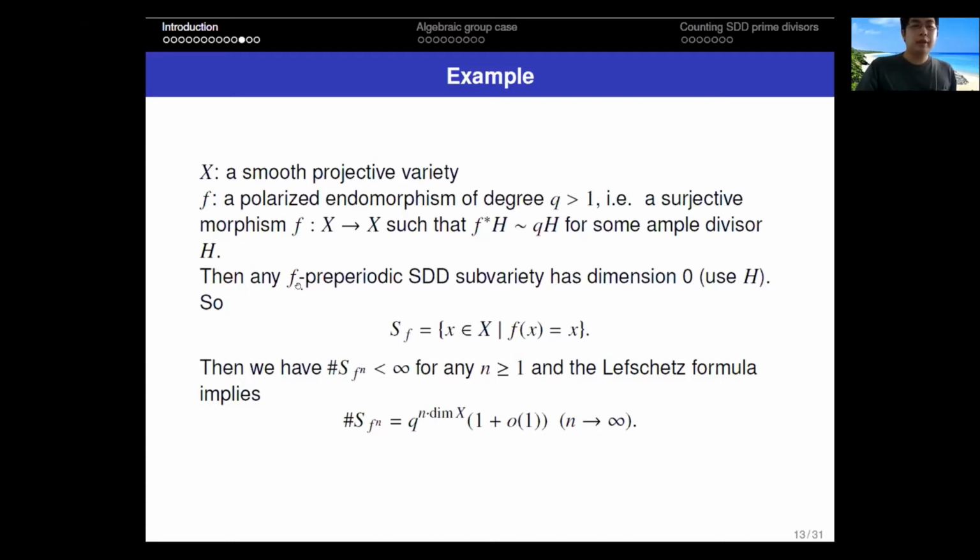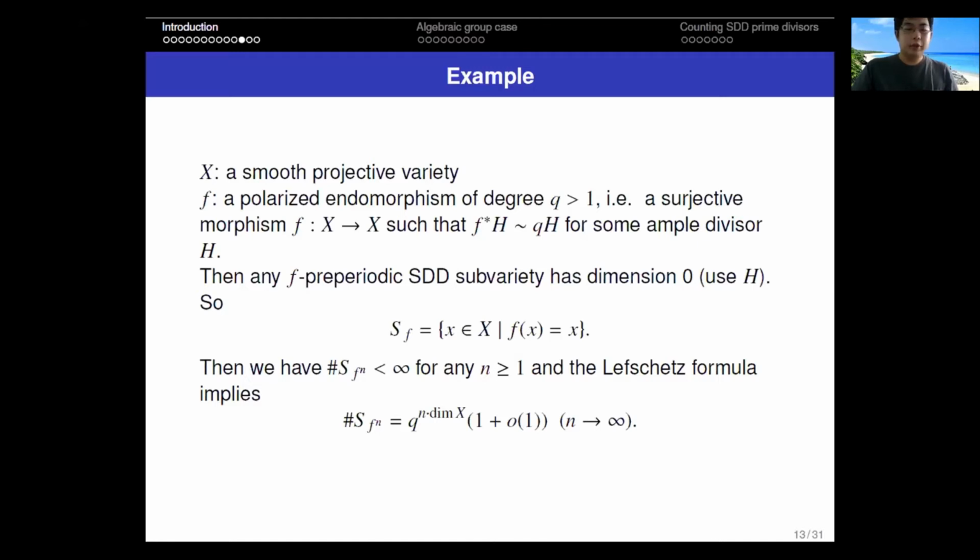And then any f pre-periodic SDD subvariety has dimension 0. We can see this by using H. If we have an invariant subvariety of positive dimension, then the restriction of H gives the same polarization, a polarization of the same degree q.